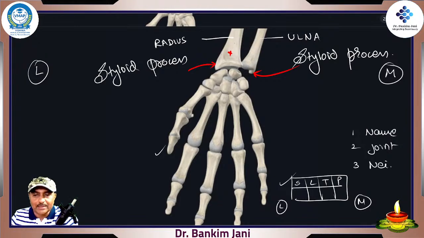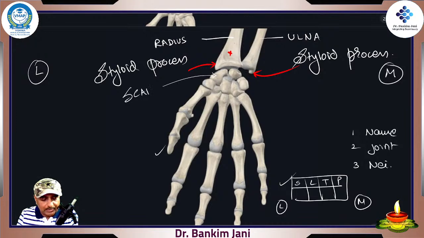First one, the scaphoid. Scaphoid is like a boat. See, the scaphoid is talking with the radius. Its neighbor, the next one, is lunate. Lunate, like a moon.